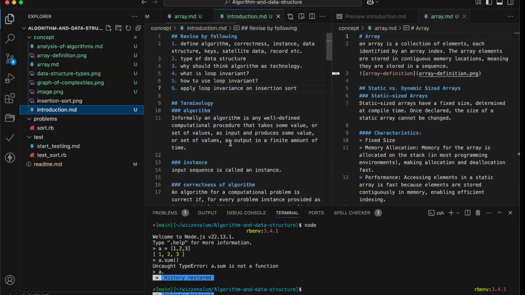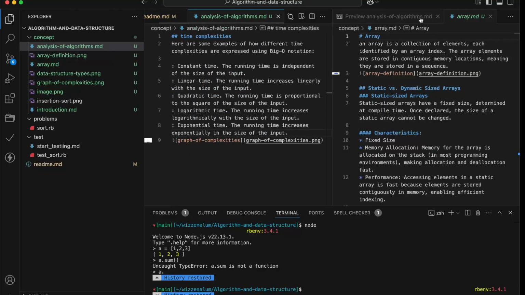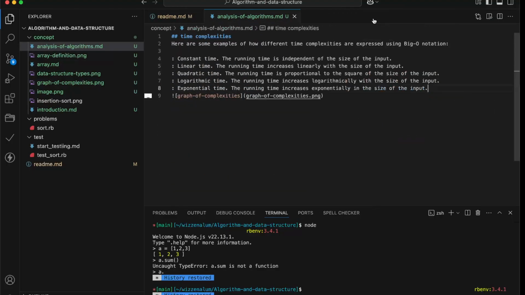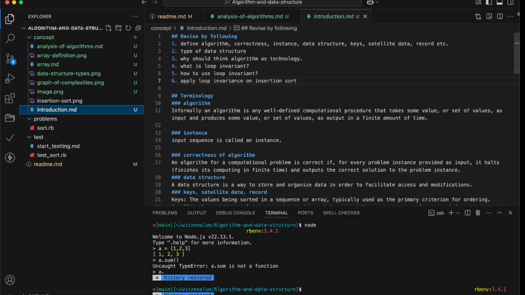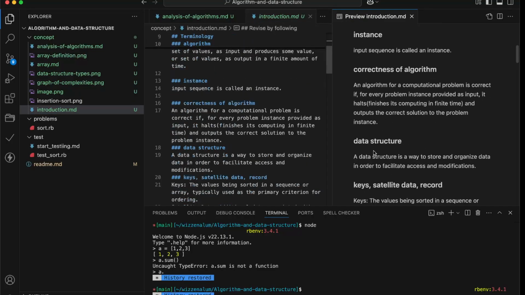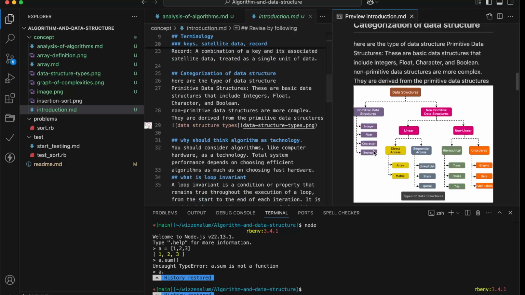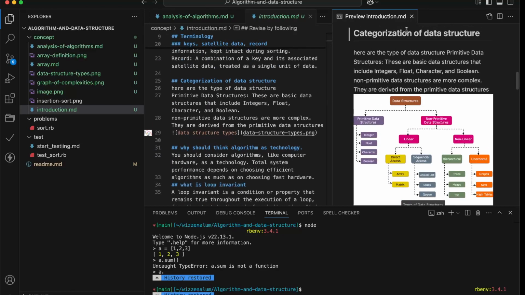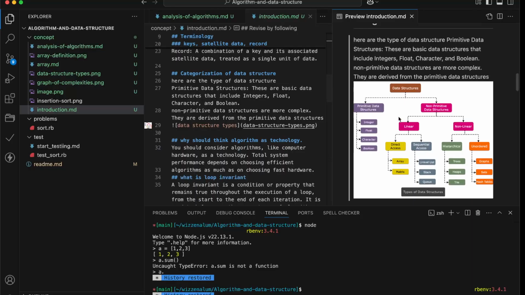And then I introduced some of the introduction in which I'm discussing the terminology, and how you can revise it. That I already talked about, but this is the important part: the categorization of data structure. Data structures are mostly two types, primitive and non-primitive.